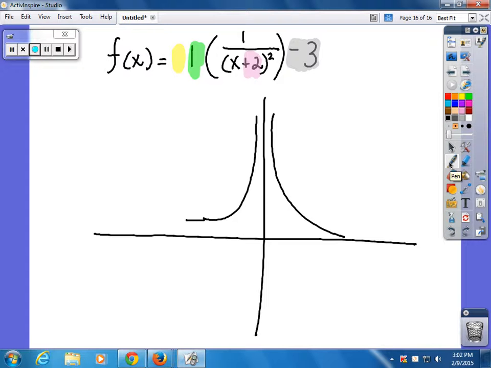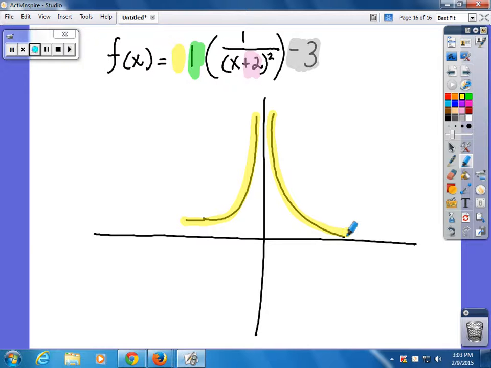But what's going to happen? Well, the yellow tells us that it's positive or negative. Positive, so it's going to stay pretty much going upward. The 1 tells us that there's no compression, or no stretching along the what?